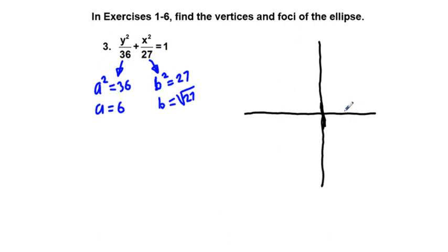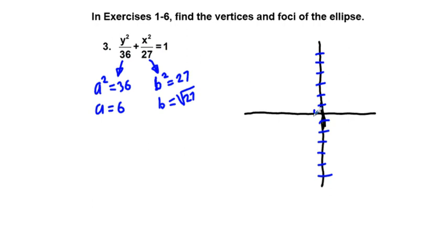Our semi-major axis is 6, so we go 1, 2, 3, 4, 5, 6, and negative 1, negative 2, negative 3, negative 4, negative 5, negative 6. As for the semi-minor axis, the square root of 27 is a little bigger than 5, since the square root of 25 is 5.